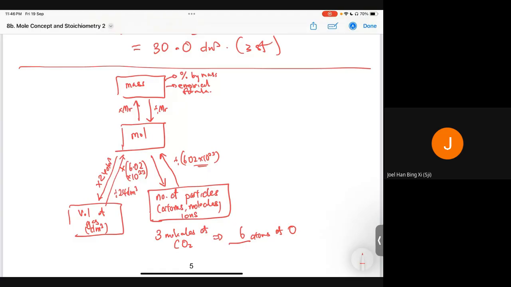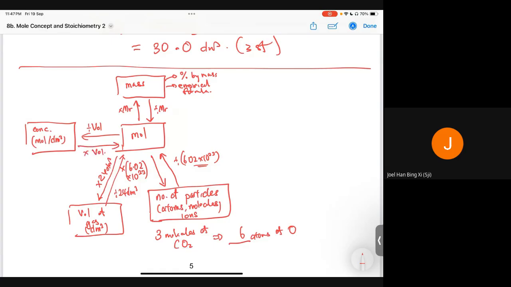Next part that you all actually covered as well is to convert mole, which we just now also did. Mole convert to concentration. This concentration here is a mole per dm cube concentration. So mole to concentration, in this case here, I'm going to divide by the volume. And obviously, you convert back, you multiply by the volume.